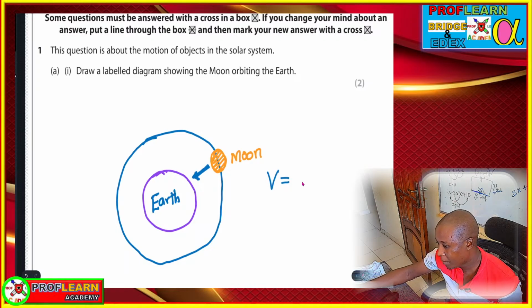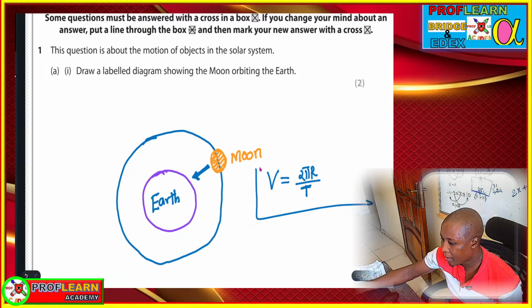Orbital speed is the speed at which a body is orbiting around the Earth, or the speed at which the Earth orbits around the Sun. It's usually 2 pi r over T, whereby r is the radius of the orbit, and T, the time period, is the time it takes to go around the orbit.